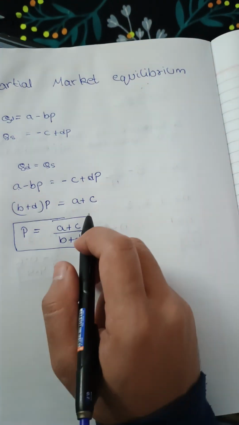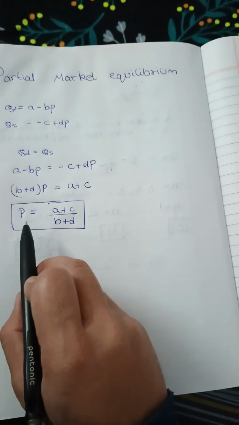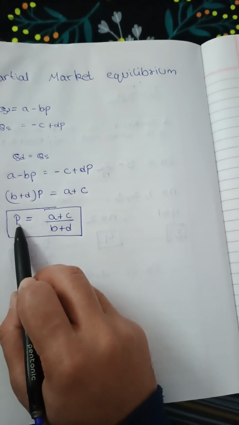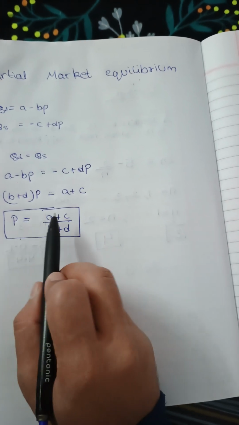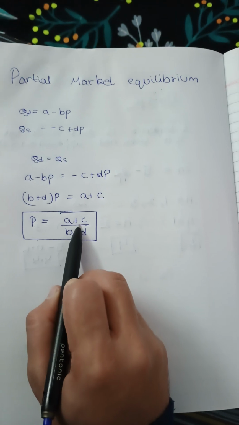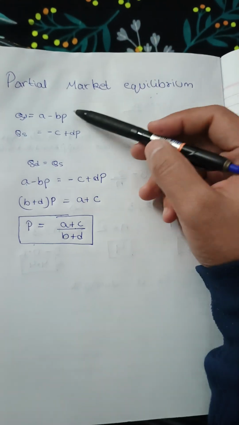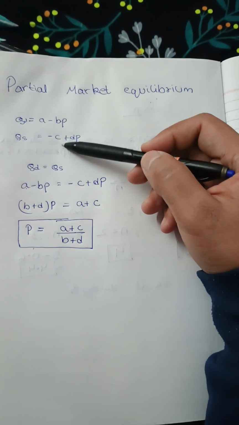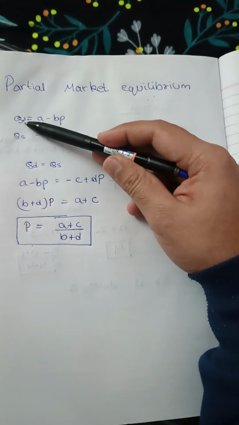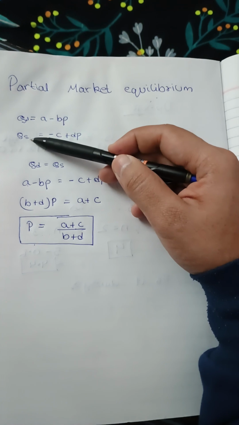Now if we find the value of P, say we got the value of P as 1, we will substitute the value of P in either equation to find the quantity demanded and quantity supplied.